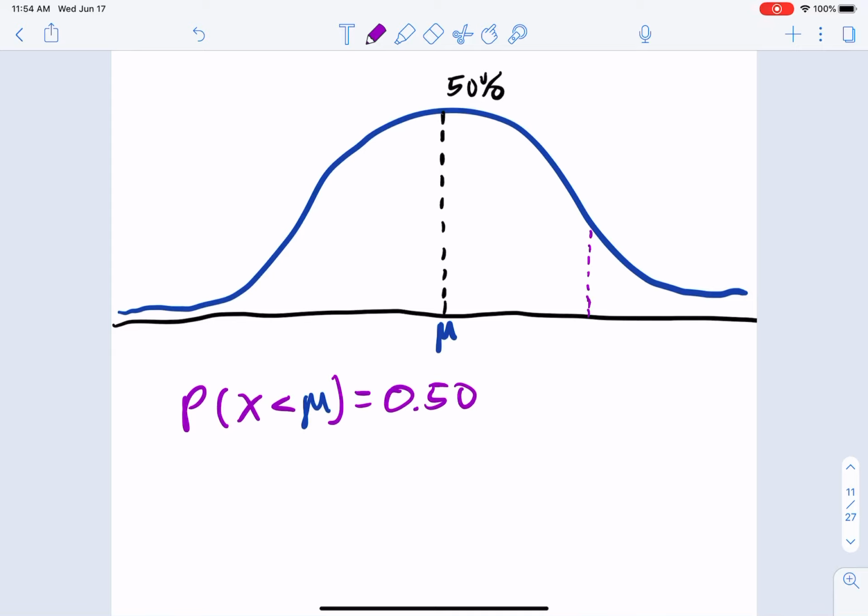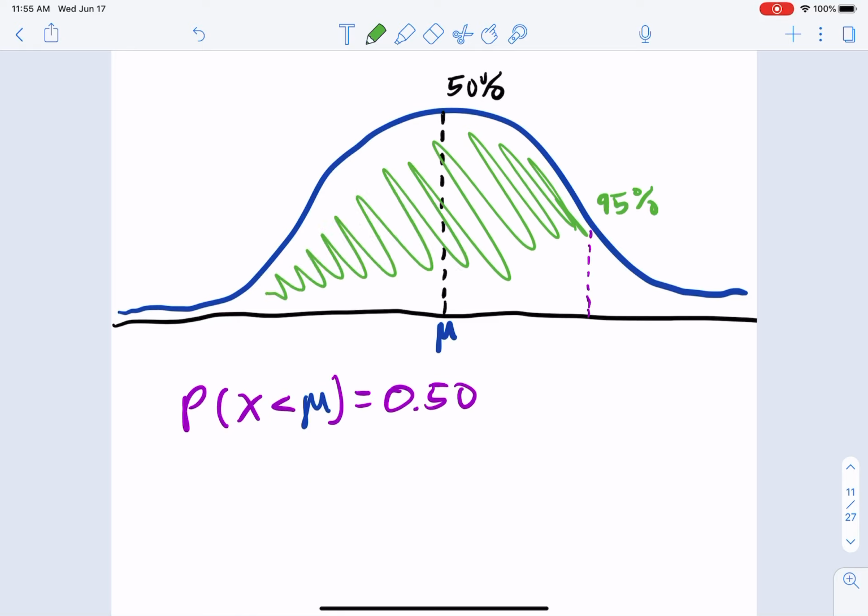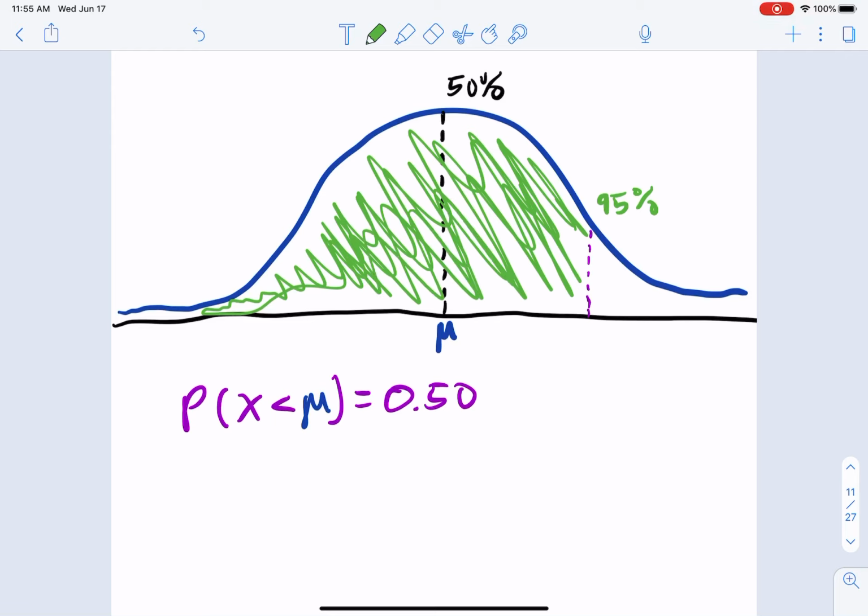So if I wanted to, actually I'll just leave all this, I'll do it in this green color. Well, let's say that this is the 95th percentile, right? Then that means that this whole area underneath here, I have a 95% chance of selecting something, whatever we're measuring. I have a 95% chance that it'll fall somewhere in the shaded area.